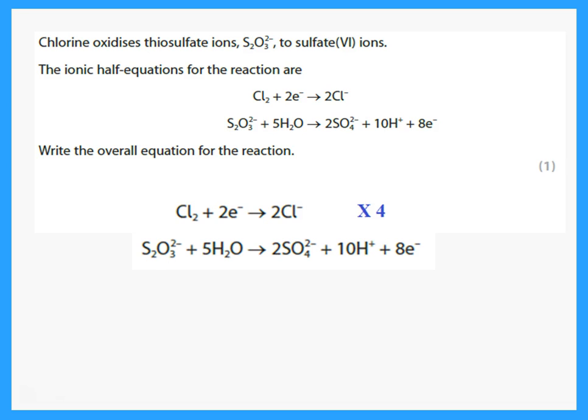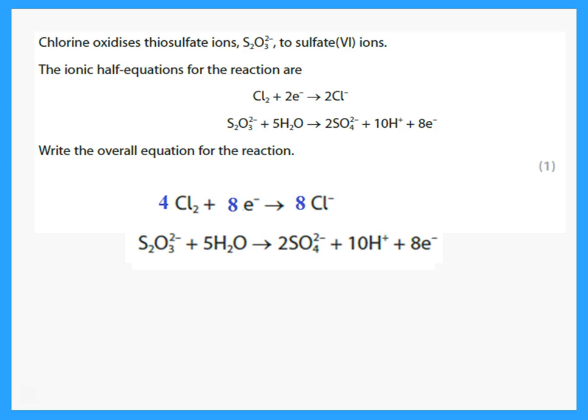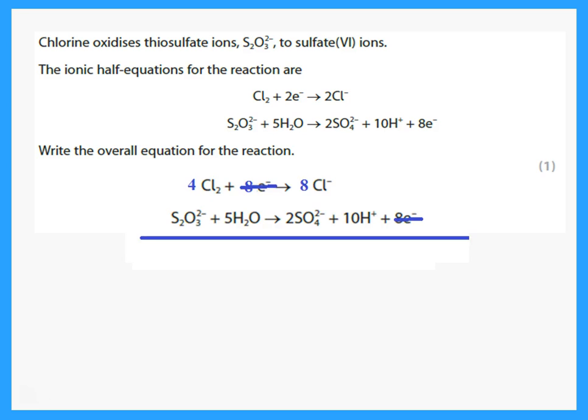I can multiply the upper one by 4 so that the number of electrons will be the same. Now I can add up these two equations, cancel the electrons, and whatever is before the arrow is added up and whatever is after the arrow is written. So that will be your overall equation. Please sit down and try doing these questions before looking at the answers.